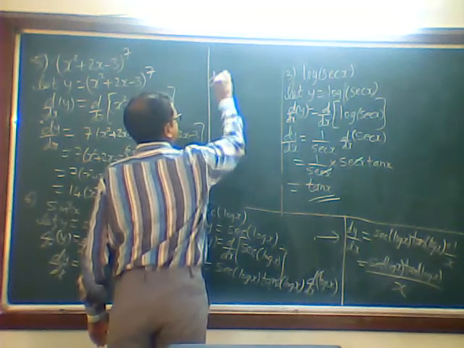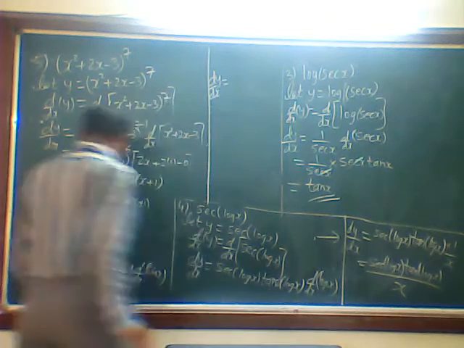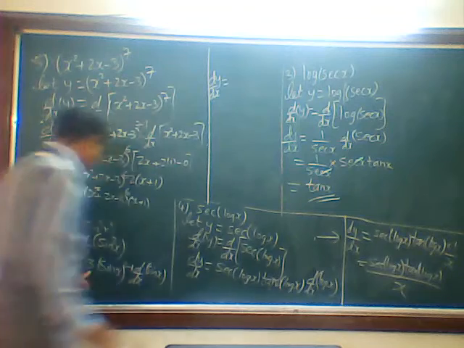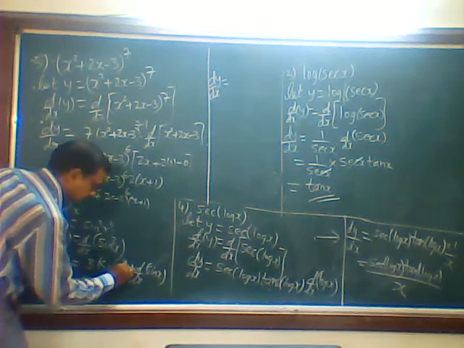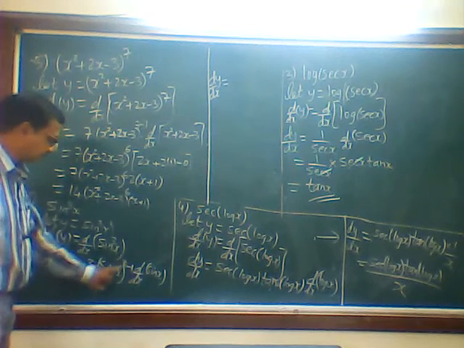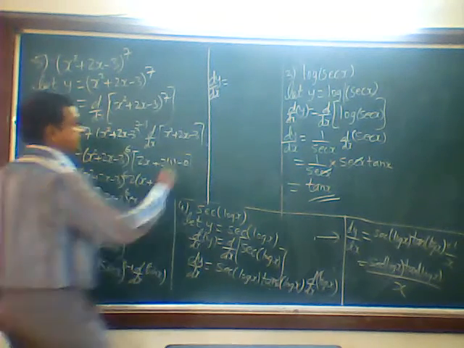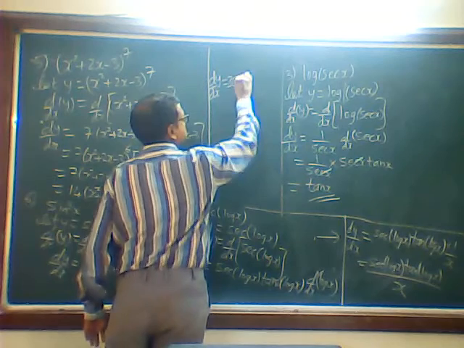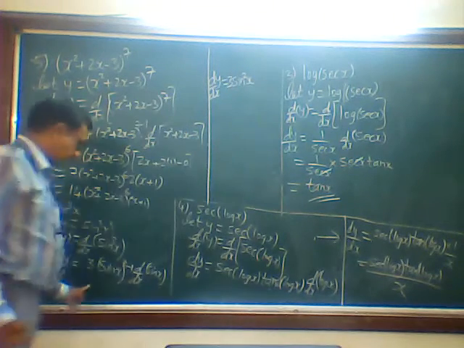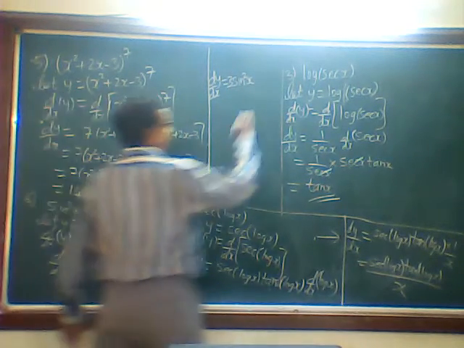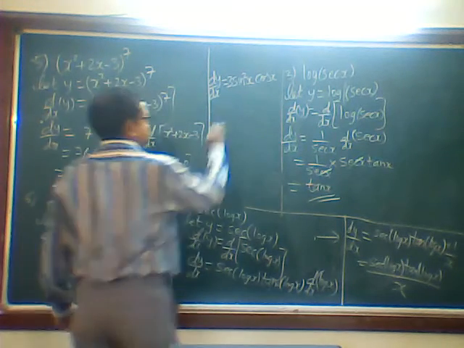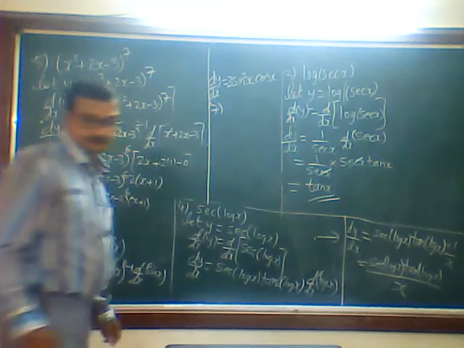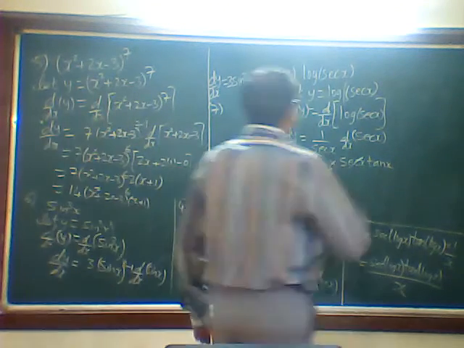So dy by dx is equal to 3 sin square x, d by dx of sin x is what? Cos x. That is the answer. Got it? So, this side.